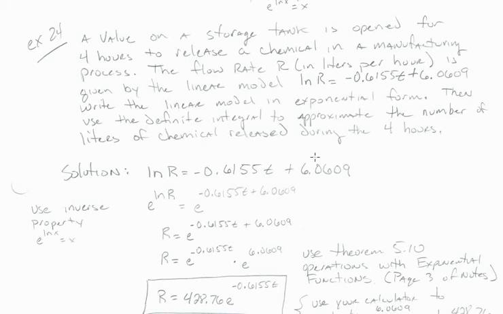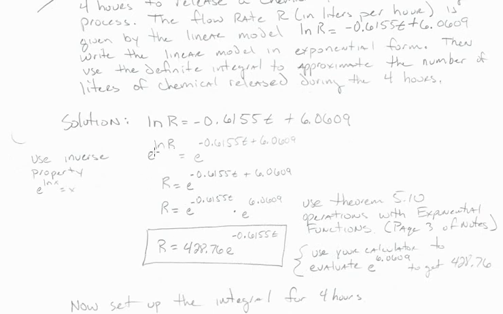Okay, so we're going to raise both sides to e, or have e be the base, for both sides. So we're going to have e to the natural log of r equals e to the negative 0.6155t plus 6.0609.